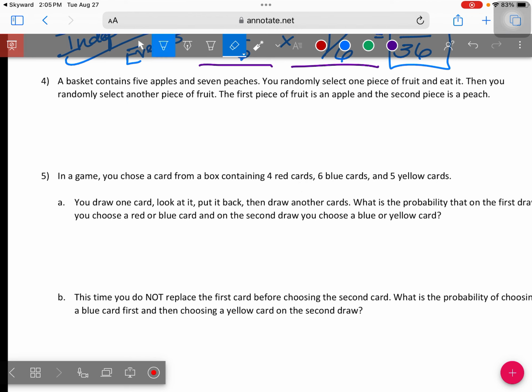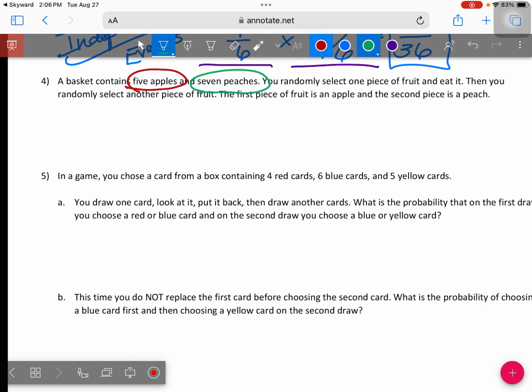All right, a basket contains 5 apples and 7 peaches. You randomly select 1 piece of fruit and eat it. Then you randomly select another piece of fruit.